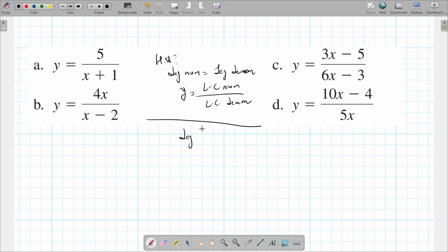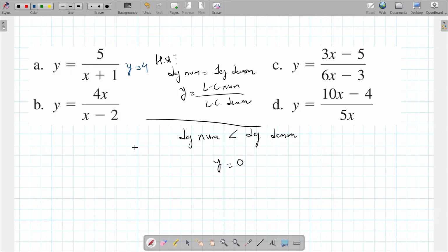If the degree in the numerator is less than the degree in the denominator, then it'll be on the x-axis at y equals 0. So for A, the degree in the numerator is less than the degree in the denominator. Here, there's an invisible x to the 0, there's x to the 1, numerator is less, y equals 0.